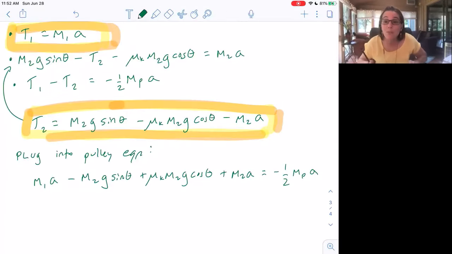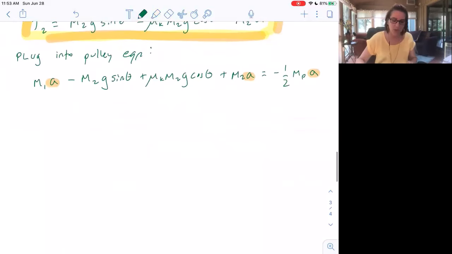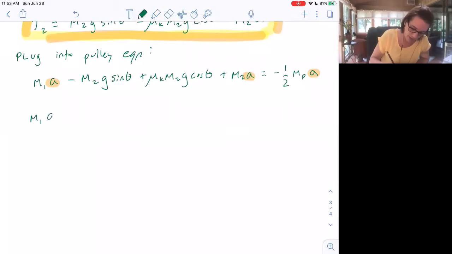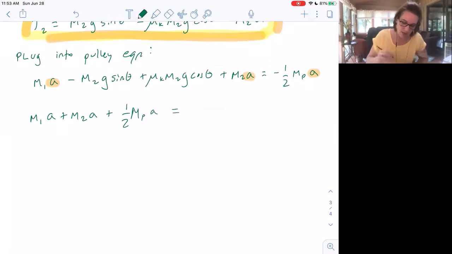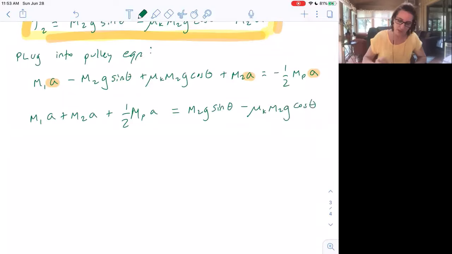Okay, so at this point, I need to solve this for a, and a shows up in 3 terms. So what I want to do is I want to move all those terms to the left-hand side and move all the other terms to the right-hand side. So I'm going to write this as M1A plus M2A plus, because I'm moving it over, 1/2 m sub PA equals, and then moving everything to the other side, M2G sine theta minus mu sub K M2G cosine theta.